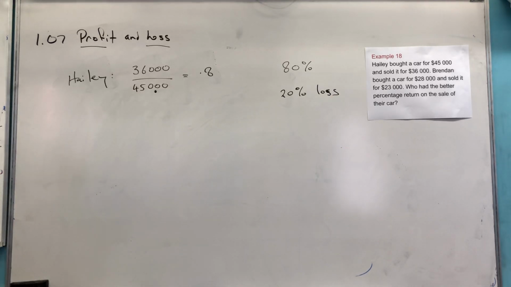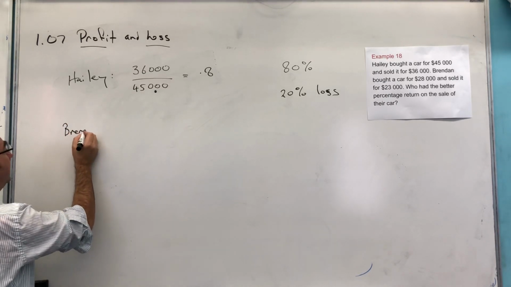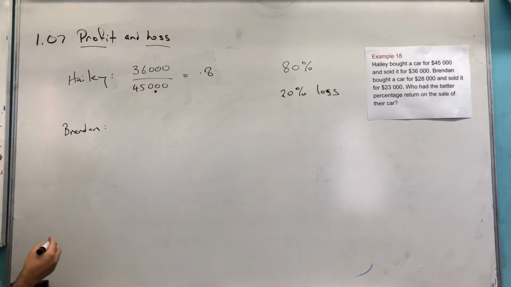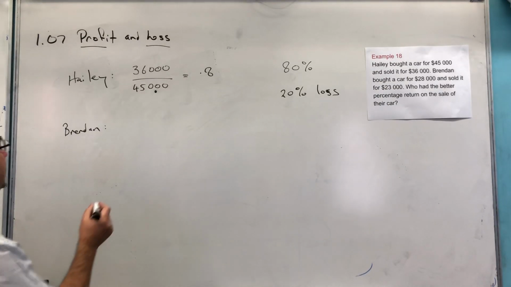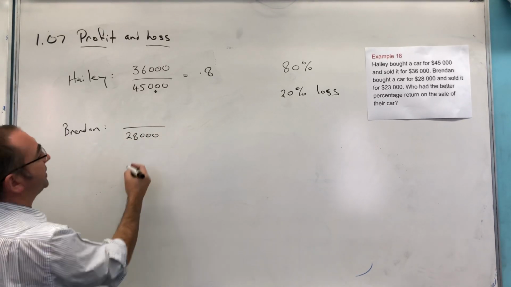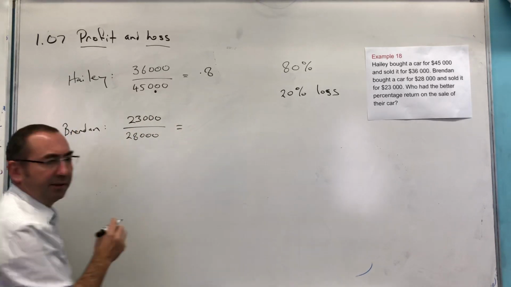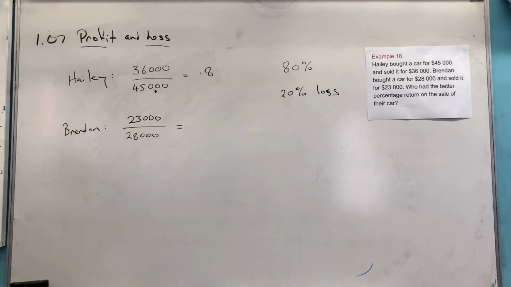All right, let's have a look at Brendan. So we can do exactly the same calculation for Brendan. So Brendan bought his car for $28,000 and he sold it for $23,000. Can someone quickly do the percentage on that for me, please?